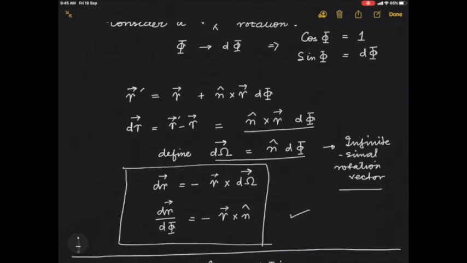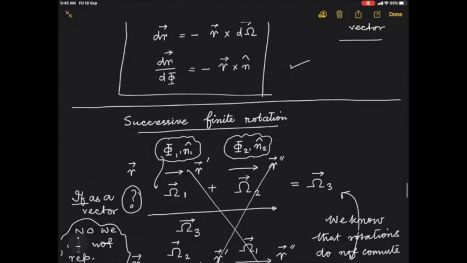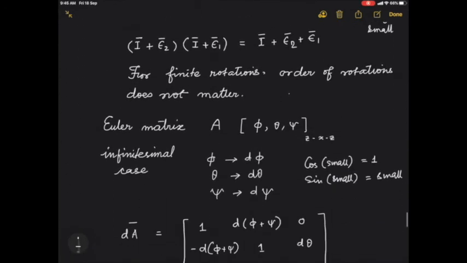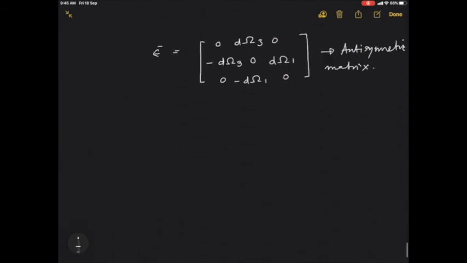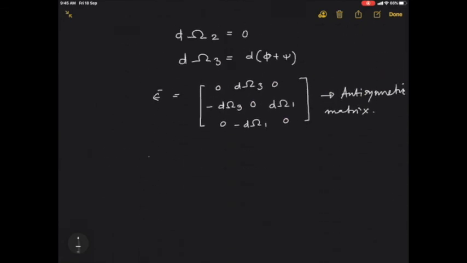In fact, this is the same matrix that we had seen here. This is the same equation, dr equals n cap cross r d phi. And there we wrote down dr by d phi as minus r cross n cap.